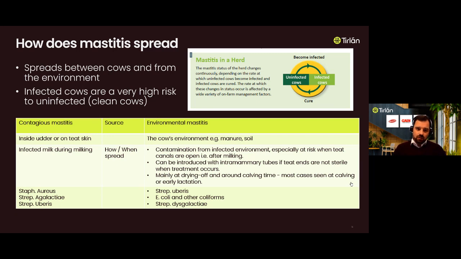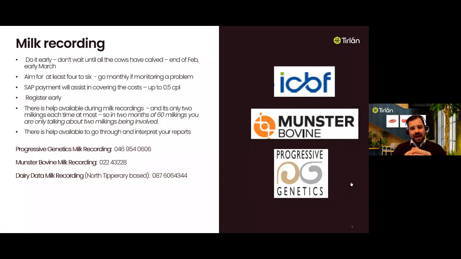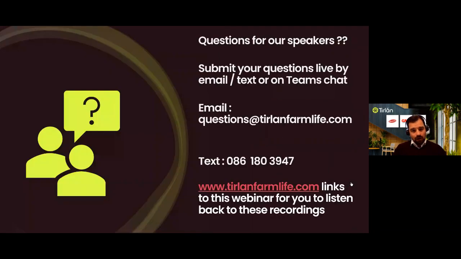So in general, we would say the infectious type of bacteria are the ones that live either in the cow's udder already, or on the cow's teat skin, or they can live on your own hands, on your own skin as well, and I'll come back to that when we talk about Staph aureus. But the whole point is that those bacteria cannot survive well or at all in the cow's environment.